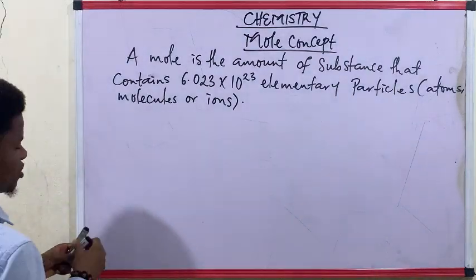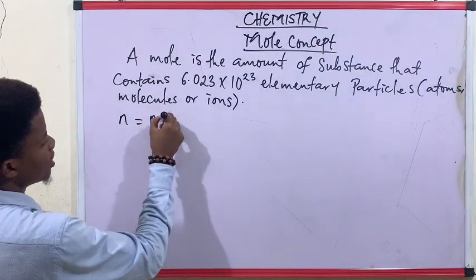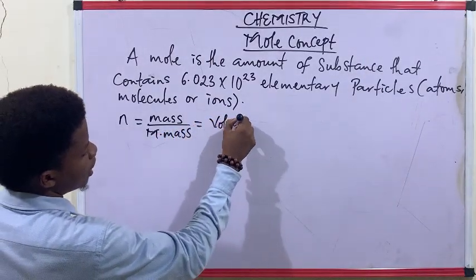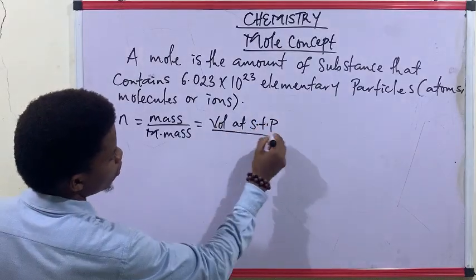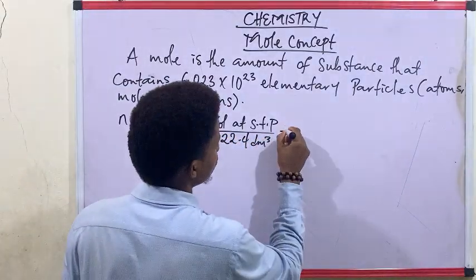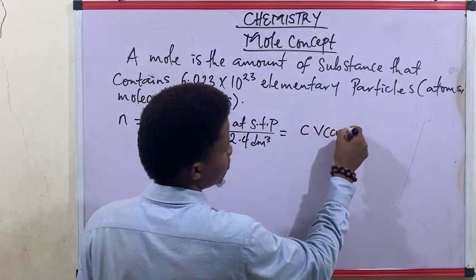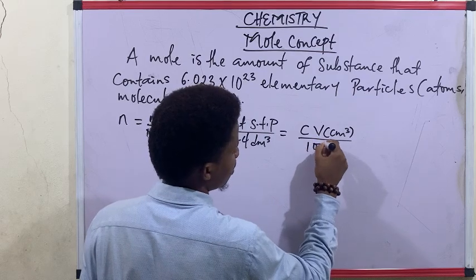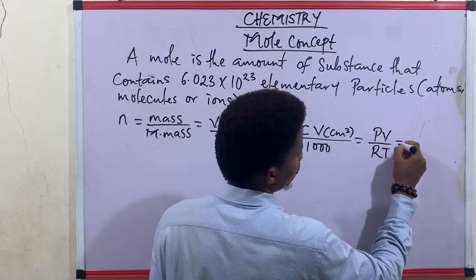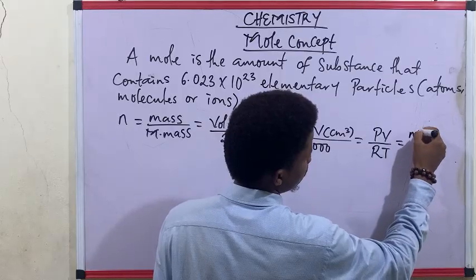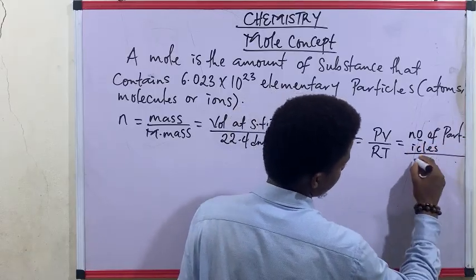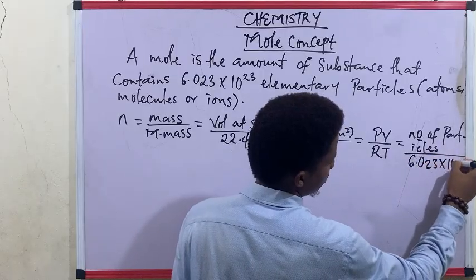So, the chain formula is N is equal to mass over molar mass, which is equal to volume at STP, standard temperature and pressure, over 22.4 dm cube, which is equal to CV, volume in centimeter cube, over 1000, which is equal to PV over RT, which is also equal to number of particles over 6.023 times 10 to the power of 23.